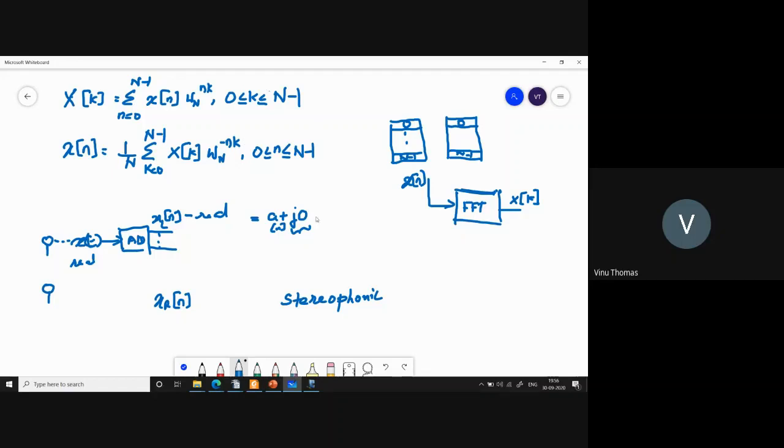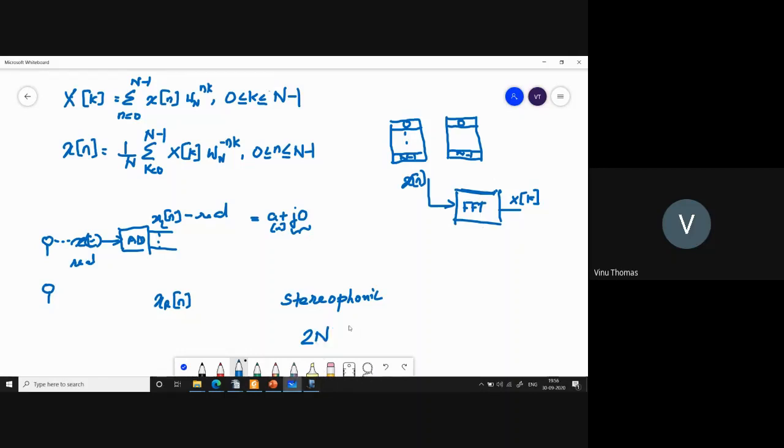The second application is when you have a 2N point sequence. So you have a single sequence, but the length of the sequence is now 2N. You implement the DFT of the 2N point real sequence using just one call to the N point FFT processor.